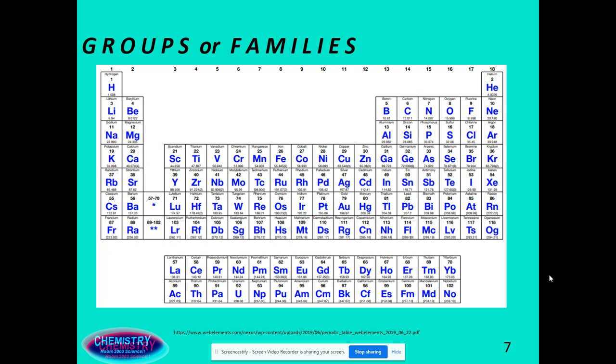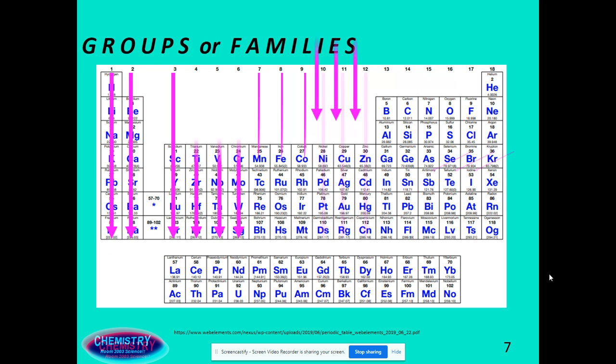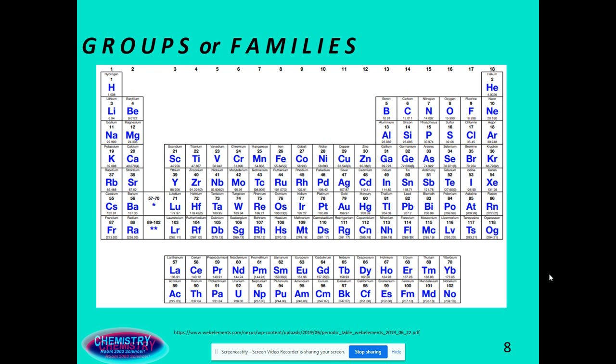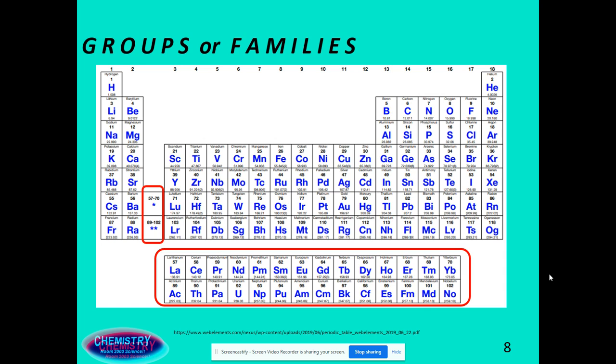The second part is the groups or families, and there are 18 of these, and they run vertically. So they run top to bottom on the periodic table. But you'll notice that these purplish lines only run through the top part of the table. So that brings us to these 2 layers of elements at the bottom again. And you'll notice that there's a gap in the table where these elements go.